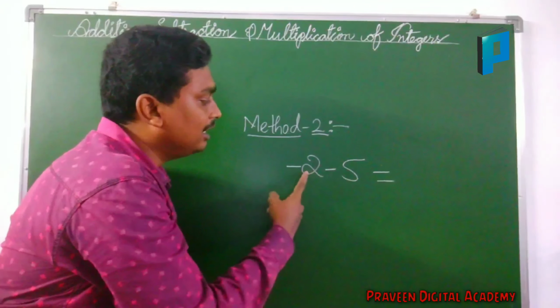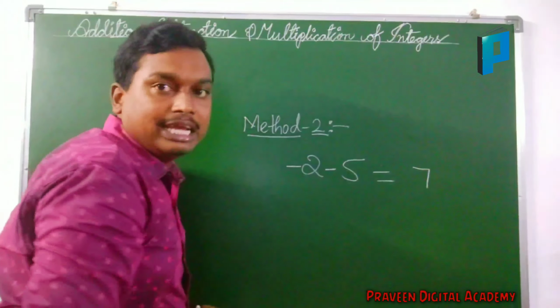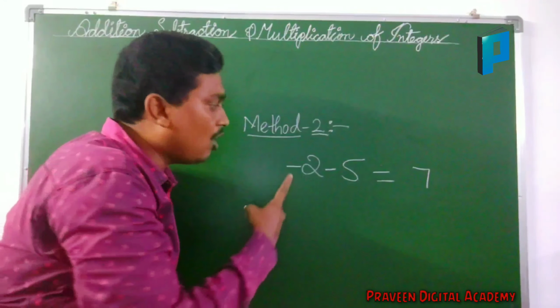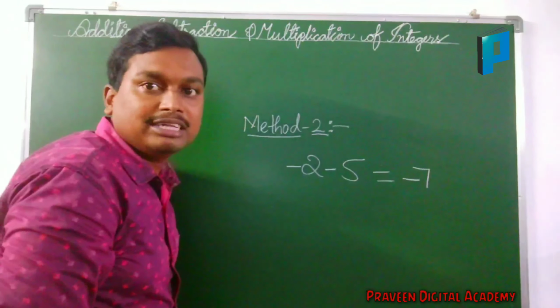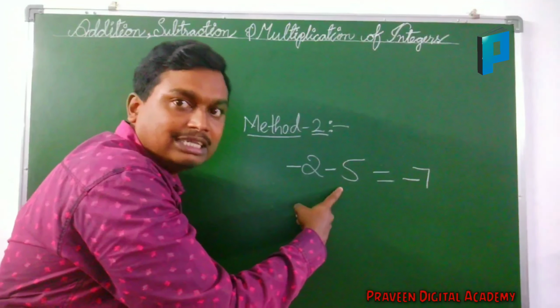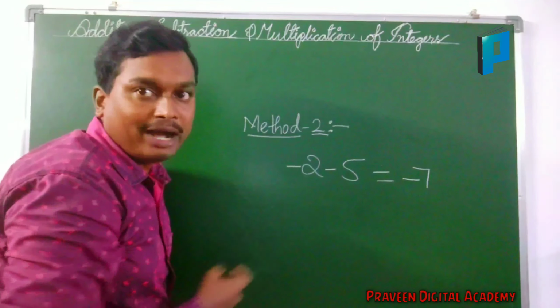What are the numbers here? 3 plus 5 is how much? 8. Here both numbers you should add and keep the sign of minus. Whenever you are having two negative signs, we should add the numbers and keep the sign of minus.